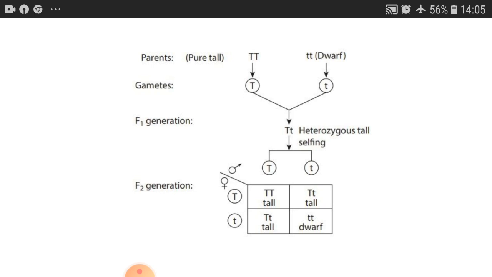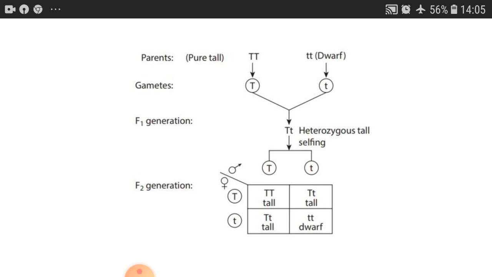Obviously, they will produce gametes of one type only, because gametes are produced as a result of meiosis. So only one of the alleles will be present in each gamete. Here one is shown because it is of the same type, similar gametes are produced. Why? Because the parents are pure for the character. Both the alleles are the same.